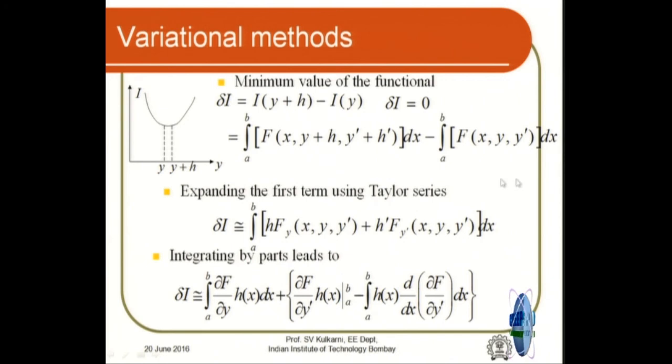Do you agree? And then what will remain, in our Taylor series h f'(x), is nothing but these two terms in this expression. Of course there are two terms here, because there are two things, y plus h and y' plus h'. That is why there are two terms.